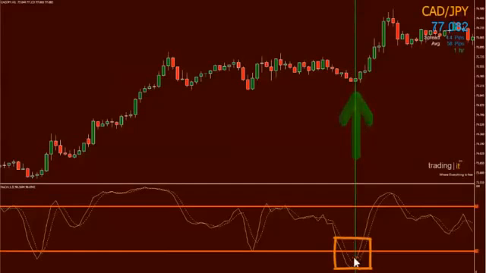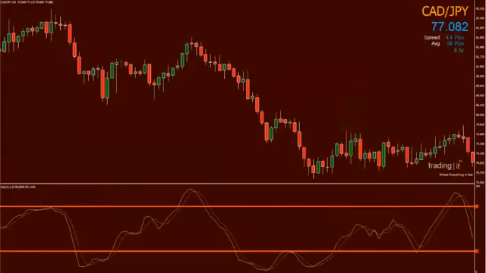It must be stated that an entry is confirmed only when this occurs in the zone which is the oversold area, not above the area. It must be clearly in the oversold status to warrant an entry. As you can see, a buy order could have occurred at these points right here.